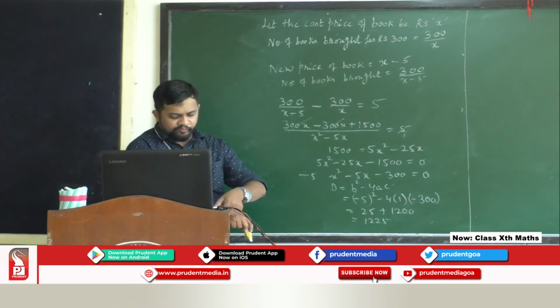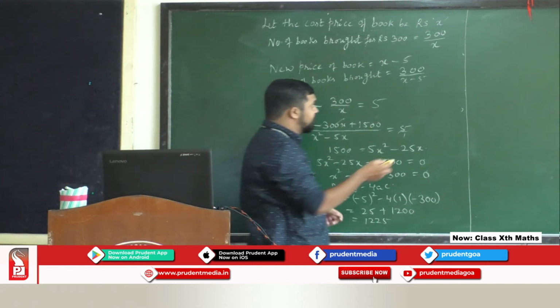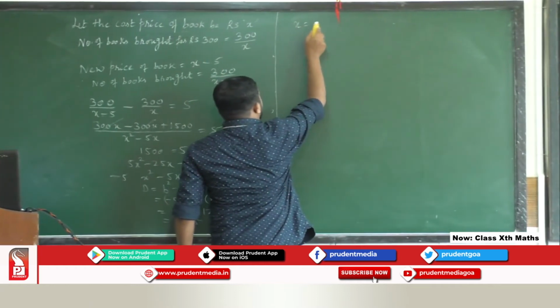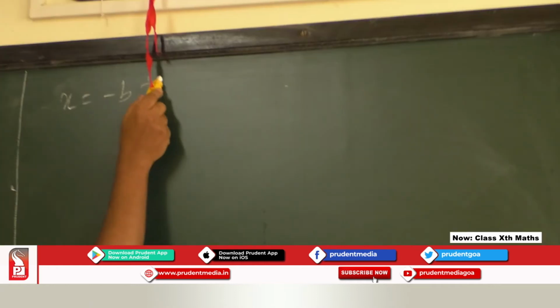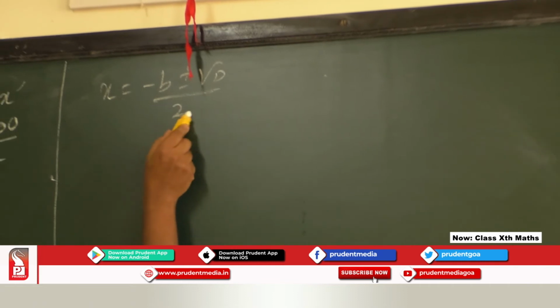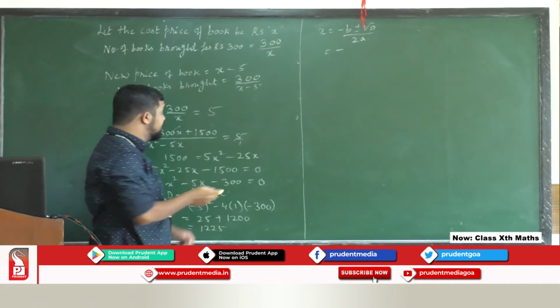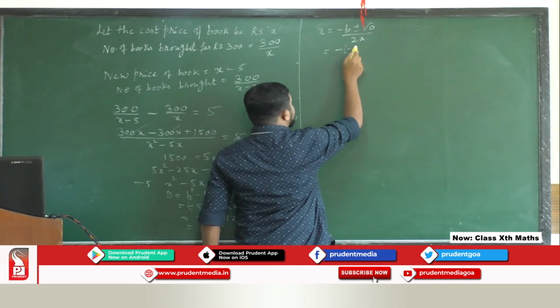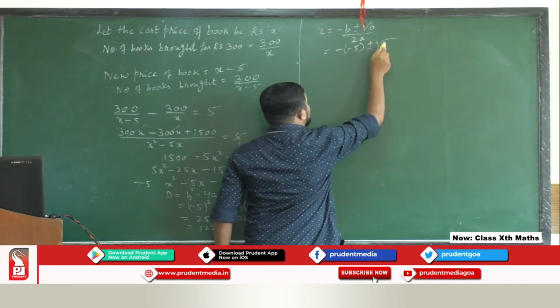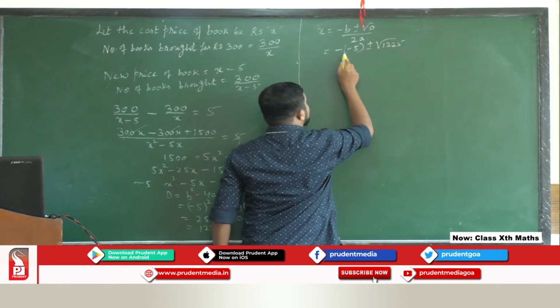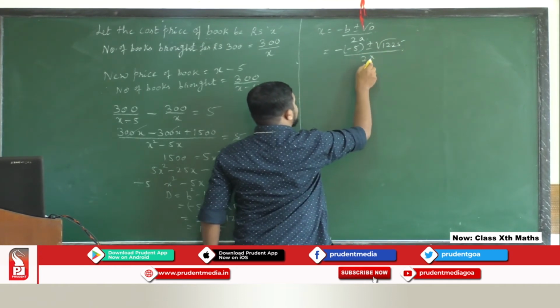Square root of 1225, so x equals minus b, so b term is also negative here, so minus of minus 5 plus or minus root 1225, over 2 into 1.